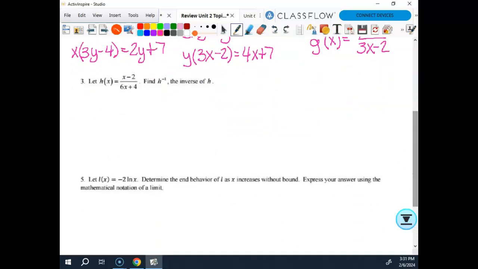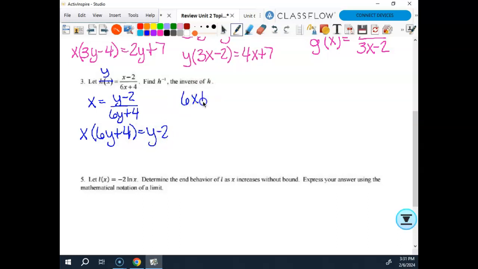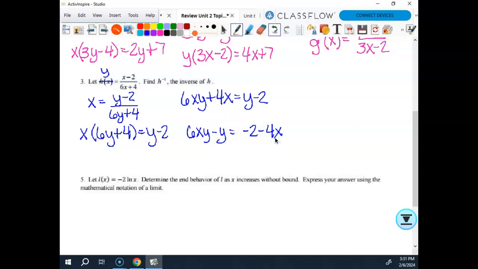All right. Number 3. Make that y. So x equals (y minus 2) over (6y plus 4). Multiply both sides by the denominator. So I get 6xy plus 4x equals y minus 2. Get all my y's on one side, so 6xy minus y equals negative 2 minus 4x, or negative 4x minus 2, doesn't matter.